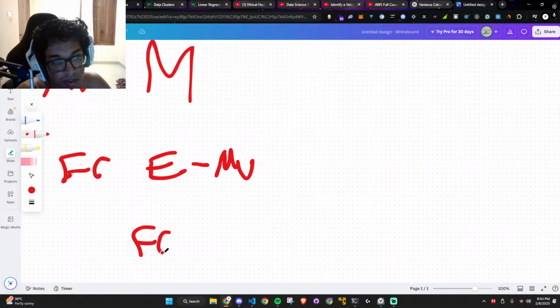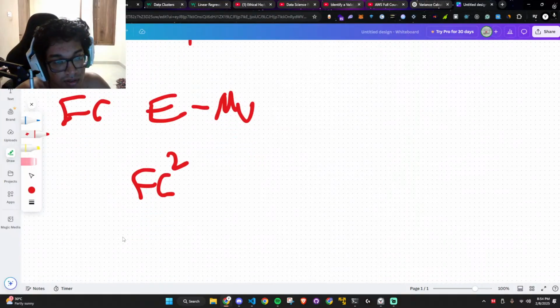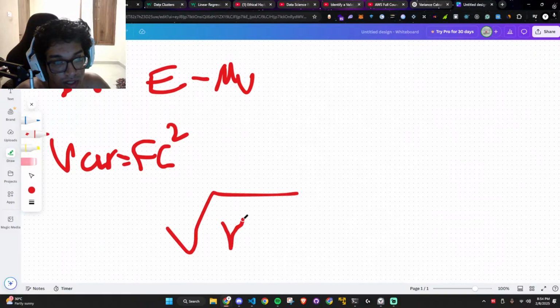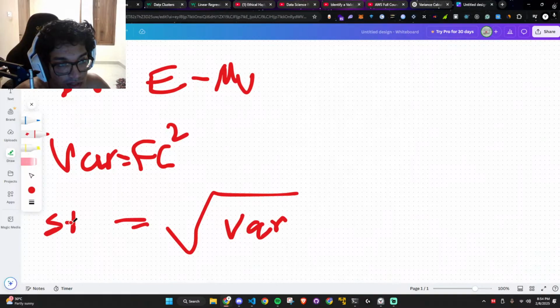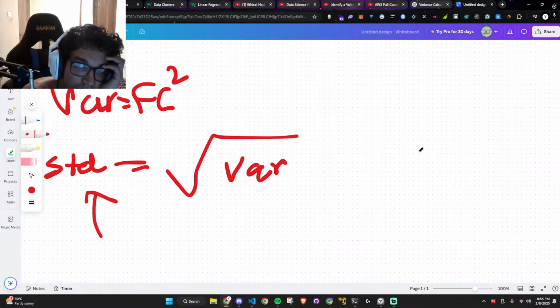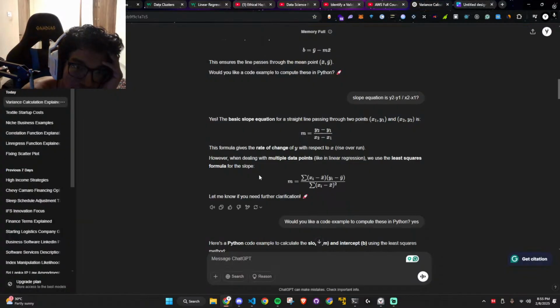So FC to the power 2. So that's basically the variance. I'm just gonna call it var, and then the square root of var is basically the STD, which is standard deviation, isn't it? So standard deviation, I don't exactly get where this applies, but yeah.